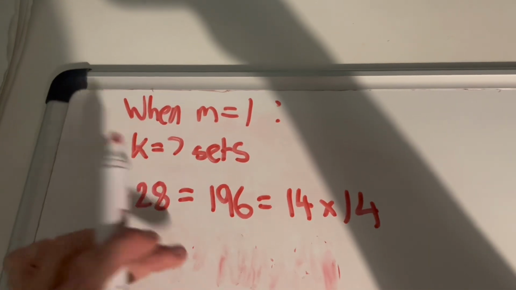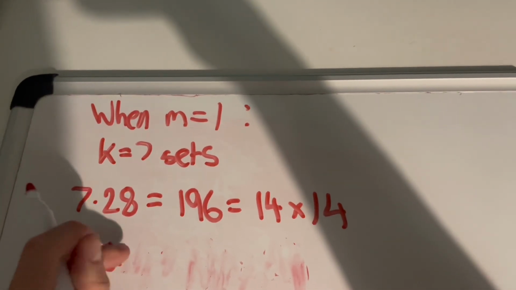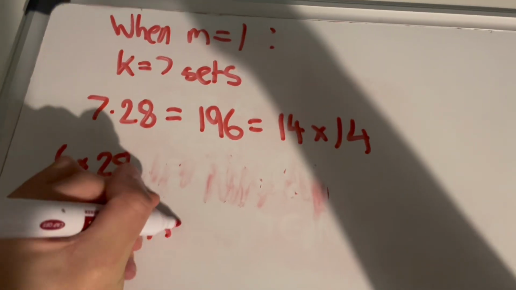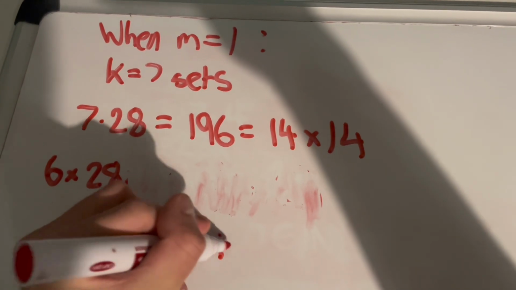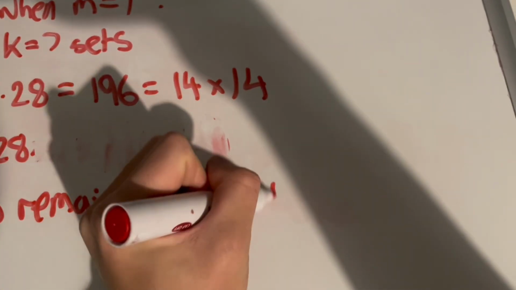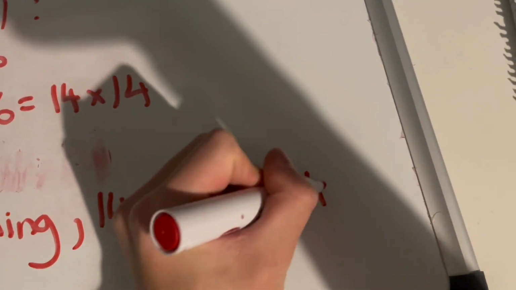Which means that you have 28 squares remaining. And this is split into 14 black squares and 14 white squares.